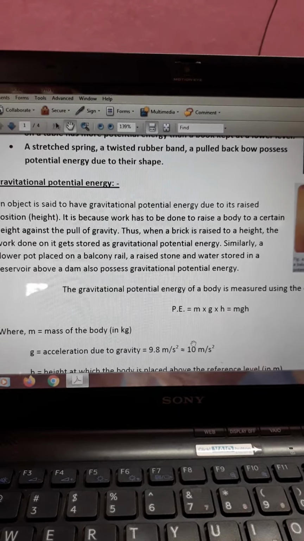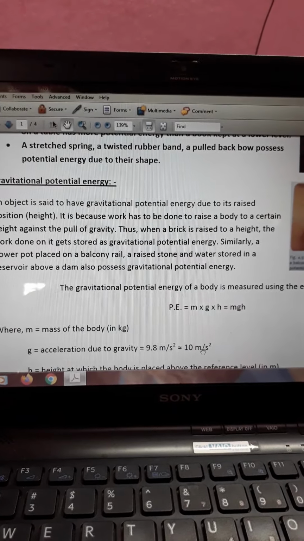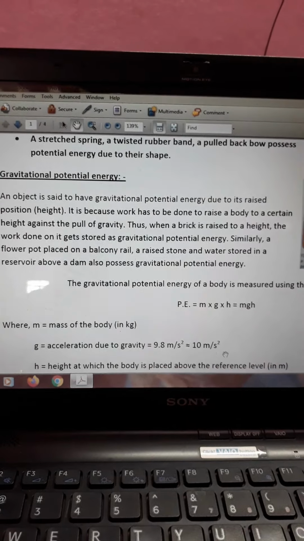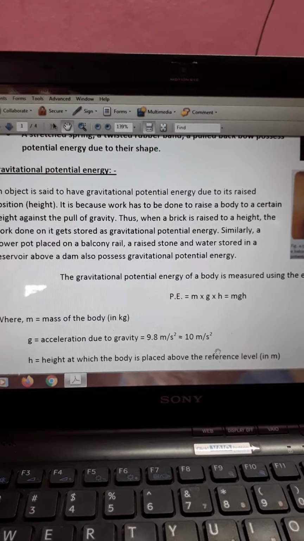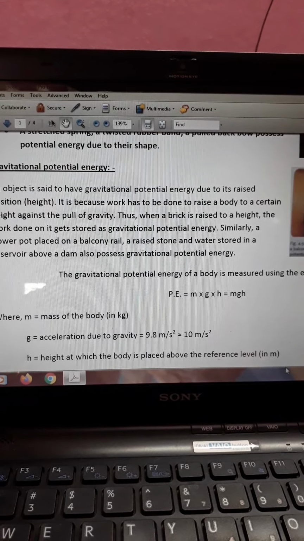The value of small g is 9.8 meter per second square, or it is nearly equal to 10 meter per second square. And h is the height at which the body is placed above the reference level, and its SI unit is meter.